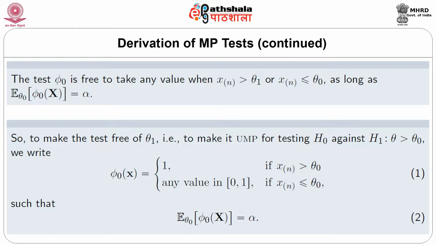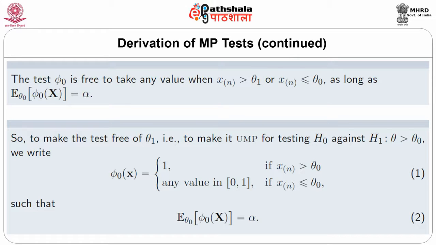We can assume phi naught as 1 where x order n is greater than theta 1 and any value where x order n is less than or equal to theta naught. So, phi naught reduces to phi naught is 1 if x order n is greater than theta naught.